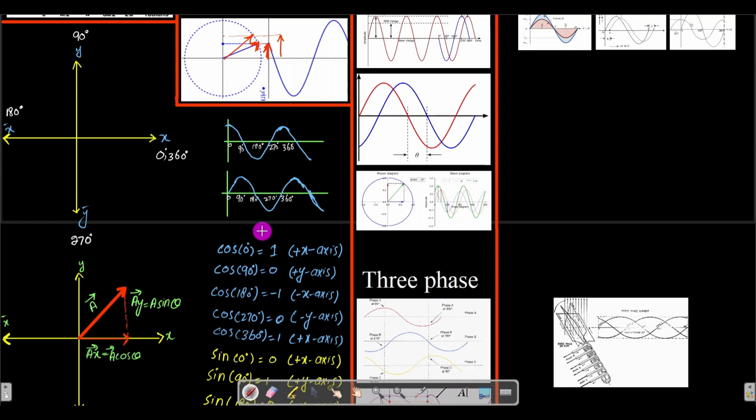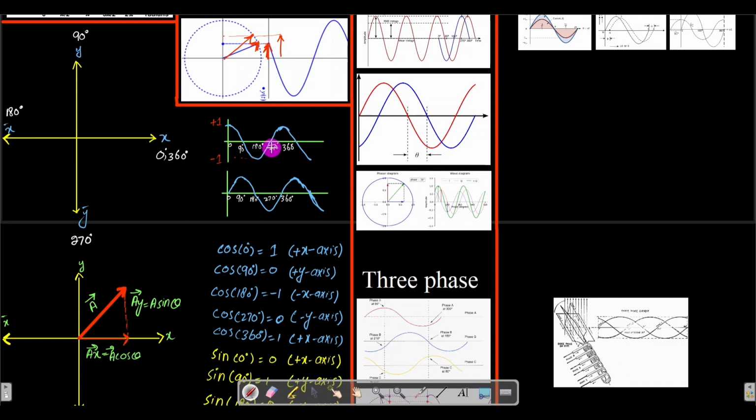Okay, so if we plot all these values, we will get this graph. Okay, so this +1 is the maximum value, and here this -1 is the minimum value. So at cos 0 we have the maximum value, at cos 90 we have 0, at cos 180 we have the maximum value with opposite sign, so this is -1.